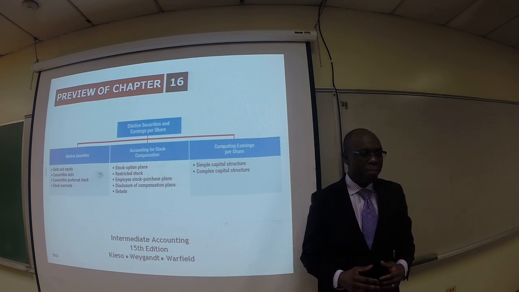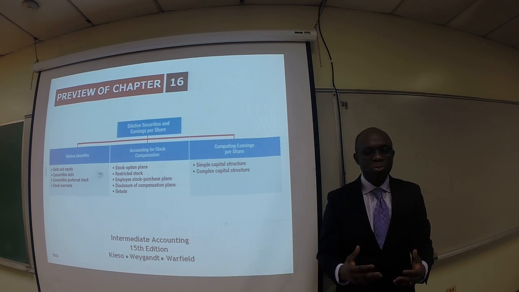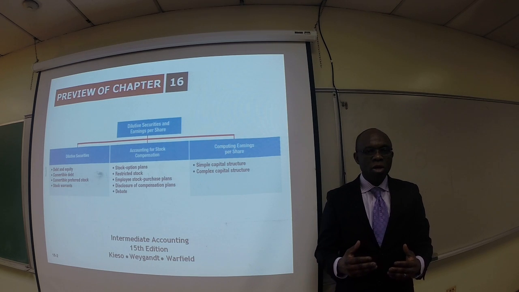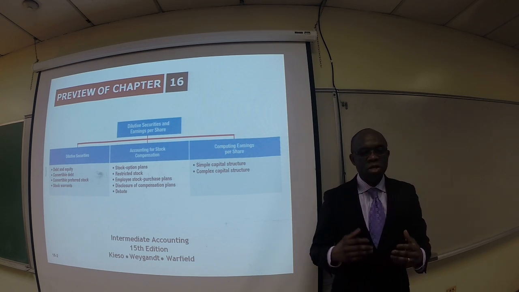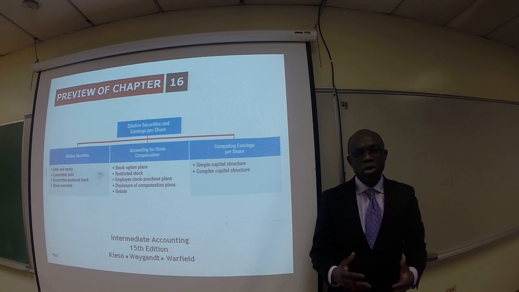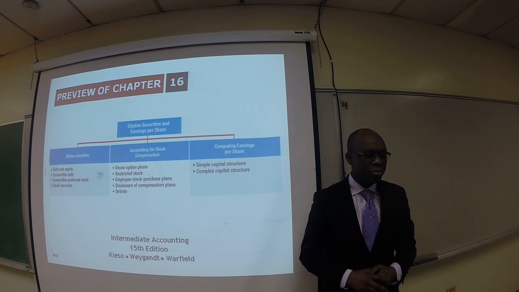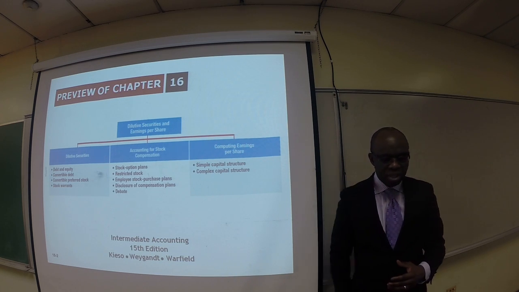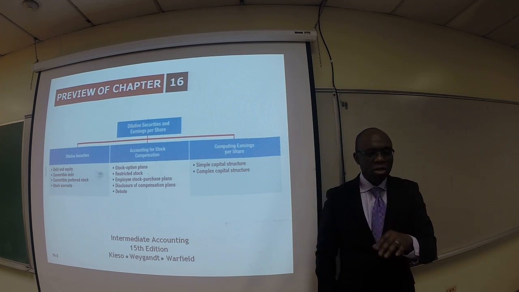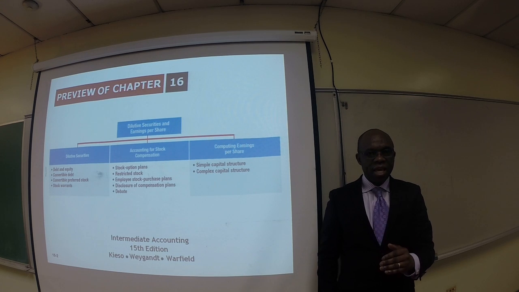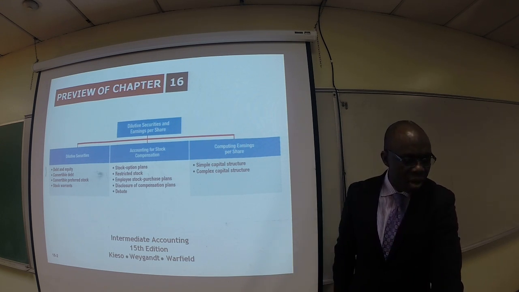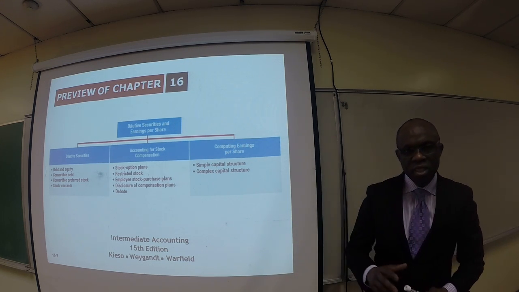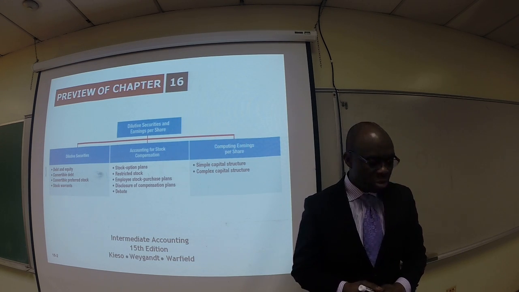Number two, based on our understanding of those principles, we then prepare the underlying financial statements and the related disclosures according to generally accepted accounting principles. Then, three, we analyze and interpret the financial statements. Now, the underlying financial statement here obviously is the balance sheet with a connection with the income statement.